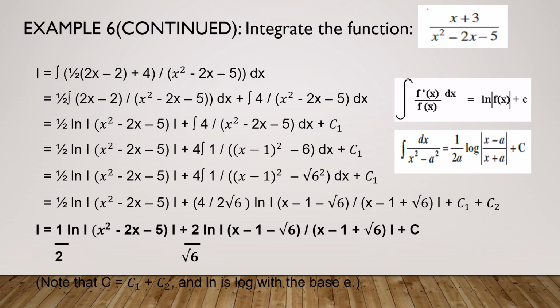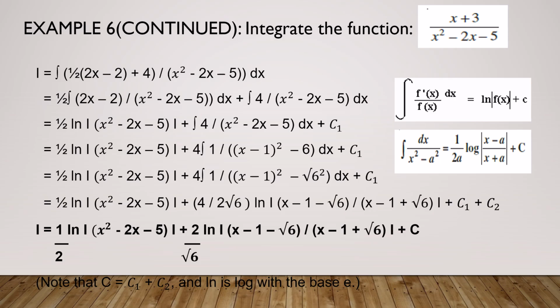For the second term, you are having 4. You can take that 4 outside. So it is 4 into integral of 1 upon x square minus 2x minus 5. Now can we write that as x minus 1 whole square minus 6? Remember, we want to construct it in the type of the special forms we have just now seen. We have seen x square minus a square, and so on.